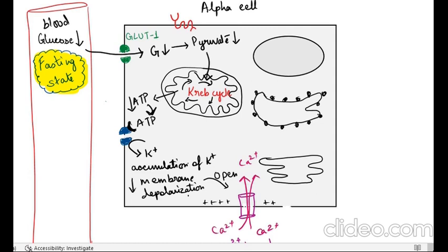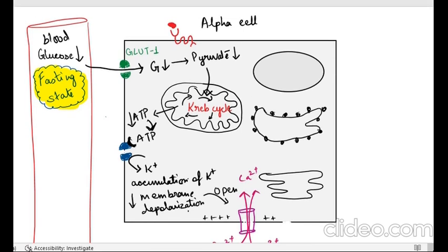On these GPCR proteins, other ligands will come from the blood and attach here, for example secretin and all. It can be either norepinephrine or epinephrine. All these will come and bind here.